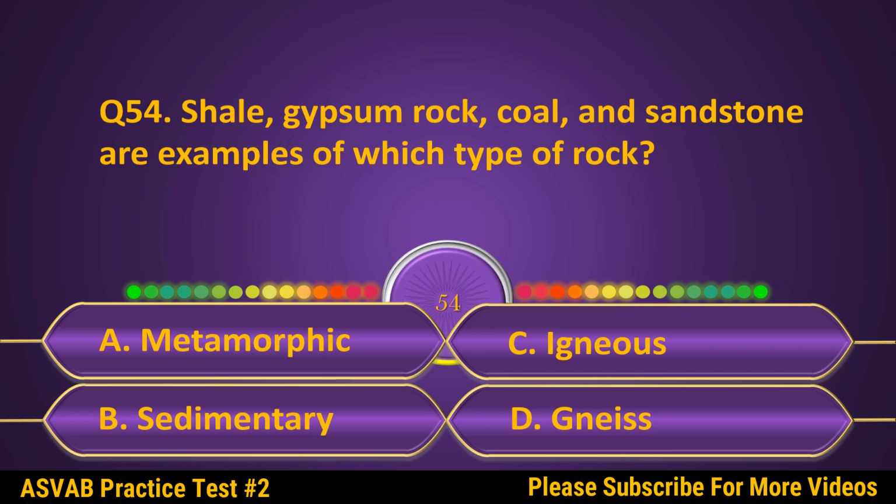Question number 54. Shale, gypsum rock, coal, and sandstone are examples of which type of rock? The options are A. Metamorphic, B. Sedimentary, C. Igneous, D. Gneiss.